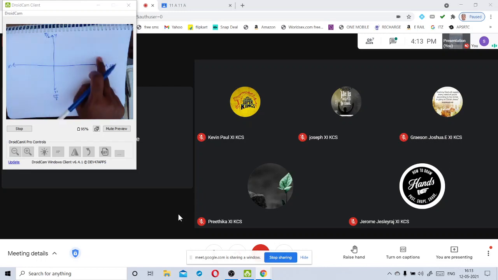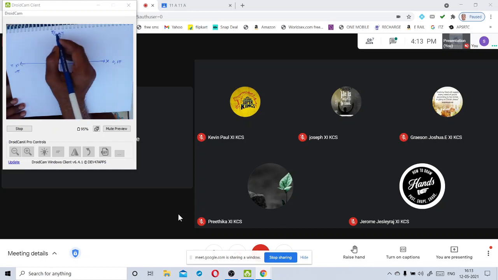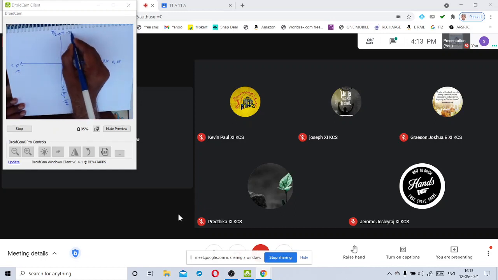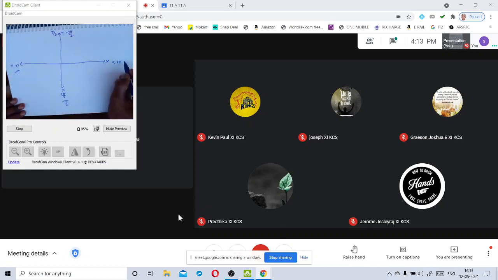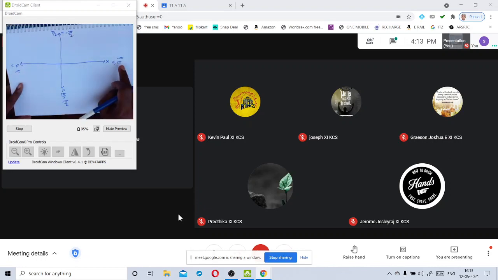If you take in the reverse order, 0, minus pi by 2, minus pi, minus 3 pi by 2, minus 2 pi, if you measure the angle in the clockwise direction.